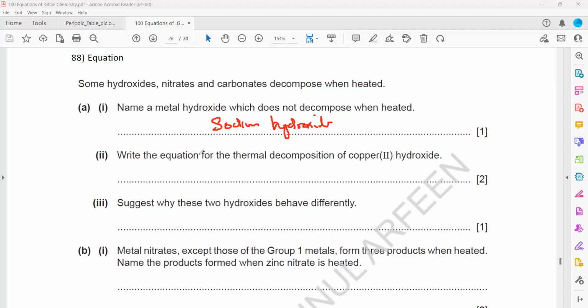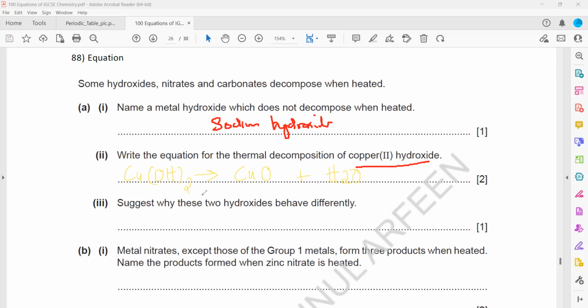Write an equation for the thermal decomposition of copper hydroxide. On decomposition, it will form copper oxide plus water as a product, or steam, and the equation must be balanced.